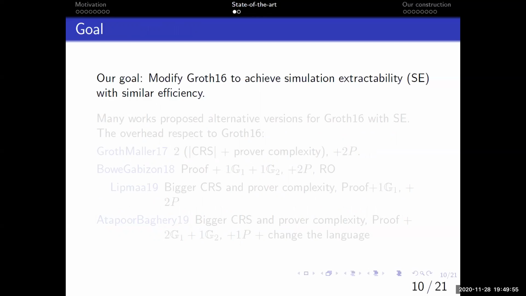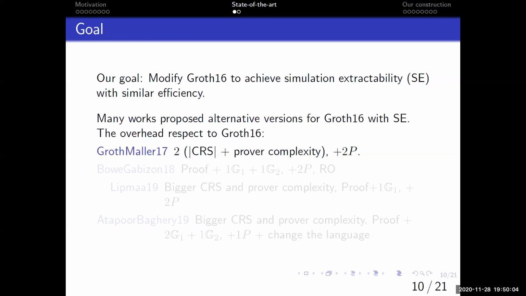We are interested in the minimal overhead with respect to Groth. We present some works that propose alternative versions of Groth with this property. We start with Groth and Maller, where they double the size of the CRS and the prover complexity, and also add 2 pairings in the verification.